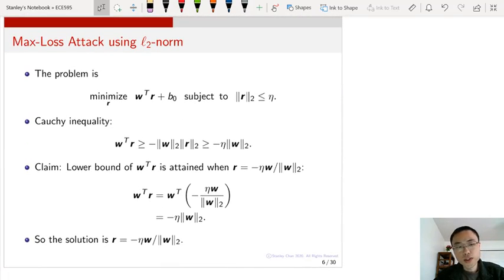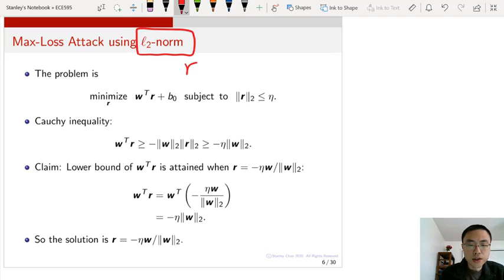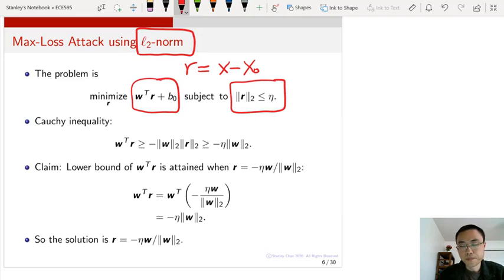Now let's go into the technical details a little bit more. Let us focus on the choice of using an L2 norm for our constraint. In this case, you can define a variable r as x minus x0. Once you define that, the objective function becomes this, and the constraint becomes this.